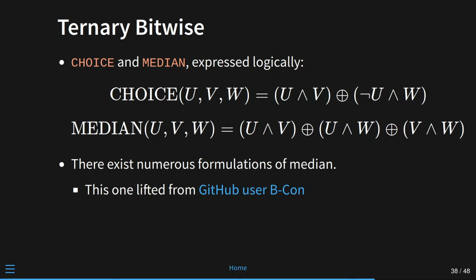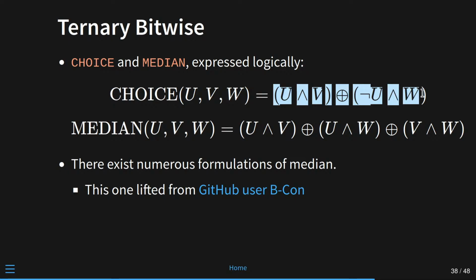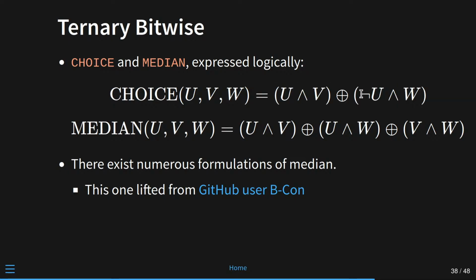Choice means you look at the first of 3 words, and if the first of 3 words has some bit, you use that bit as sort of the index for the later words. So if the first word, then the second word, else the other. This is one way to express that logically, an implication translated into a combination of nots and conjunctions, right?